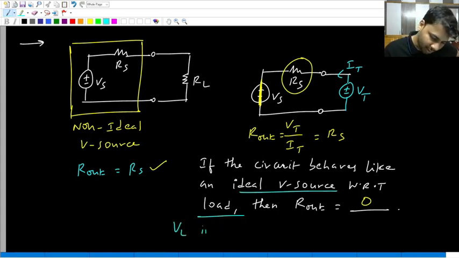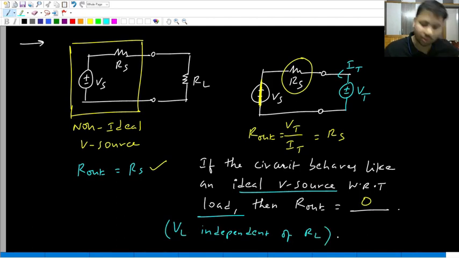Load voltage should be independent of load resistance. Yes or no? In any circuit, if you find that the load voltage is independent of load resistance, then the conclusion is that the circuit behaves like ideal voltage source with respect to the load. So directly we can say Rout is 0. I hope it is clear.